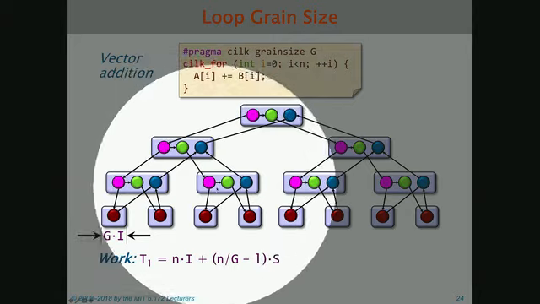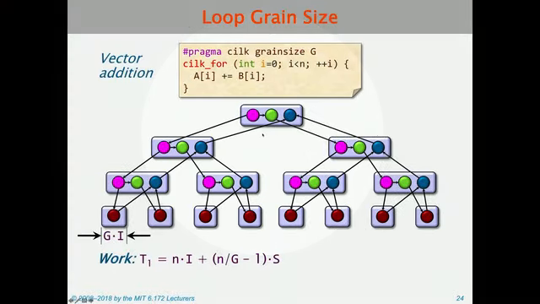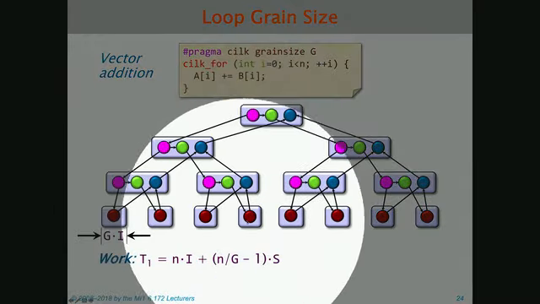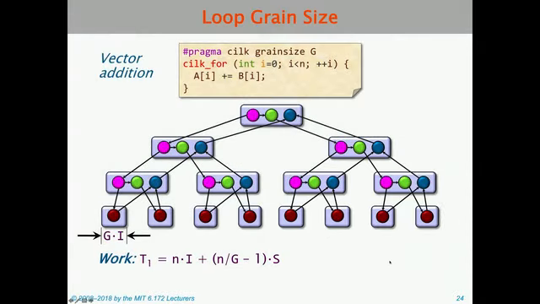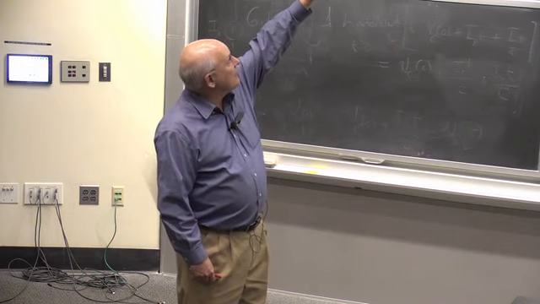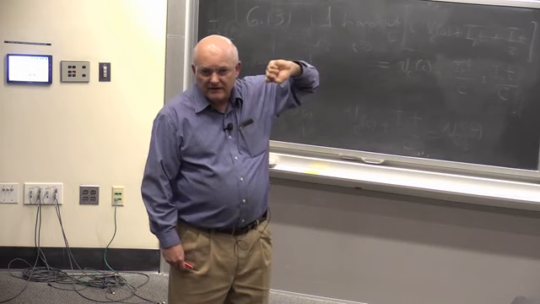And then, since there are n over G leaves here of size G, I have n over G minus 1 internal nodes, which are my subroutine overhead. That's S. So the total work is n times I plus n over G minus 1 times S. Now, in the original code, effectively, the work is what? If I had the code without the Cilk for loop, how much work is there?